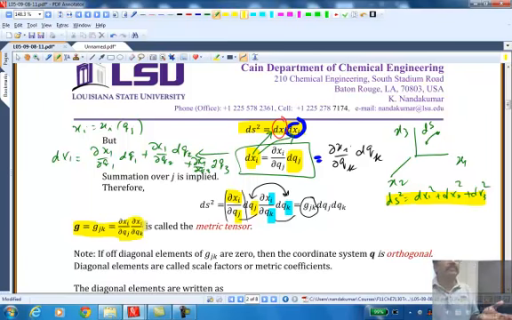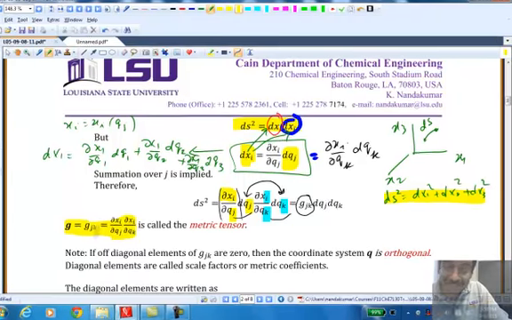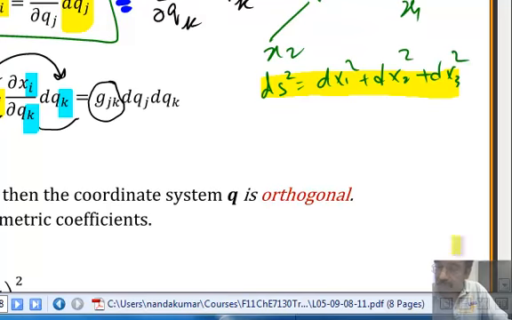Metric means what? Measure. The metric tensor makes sure that the measure of distances are the same in the 2 coordinates. The structure of the tensor will tell you whether it is orthogonal. We talked about orthogonality. What does it mean? Whenever 2 coordinates intersect, they must intersect perpendicular to each other.